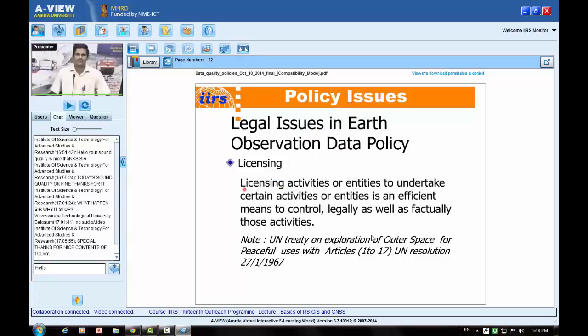Another thing is legal issues. Something is called licensing. A simple example: suppose you buy some product, some software, and then you use it, and at the same time you want to give it to somebody, and you say, okay, you also download the software and install it. As per the legal case, if the proprietor who has that comes to know that you have given it to somebody else, legally he is allowed to prosecute you.